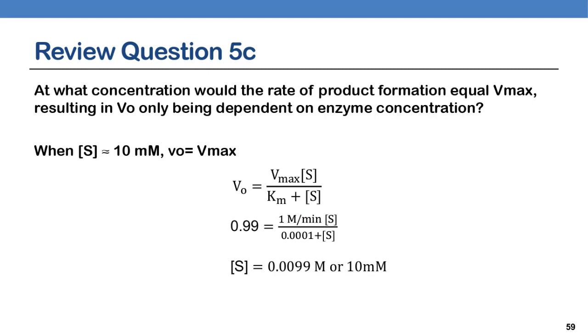It's like a product of our km. Again, this is one of those ones where you had to sub in values, so you may get slightly different if you said like 95% of your Vmax like we did for the previous question. Okay.